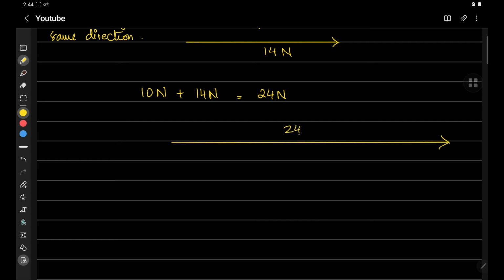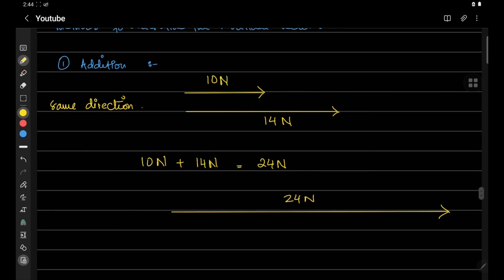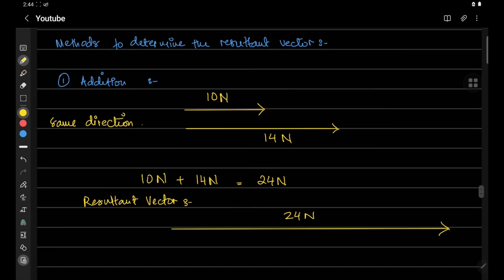That's going to be for 24 newtons. Fair enough? So the first method to find the resultant vector is to do it by the addition method. Next up we have the subtraction method.